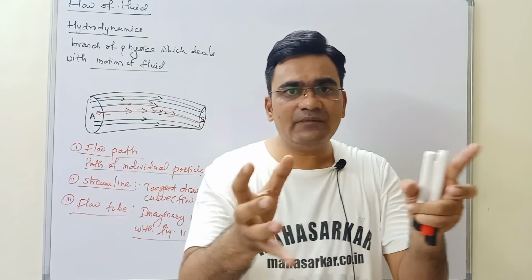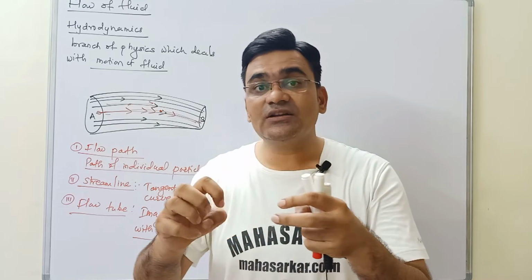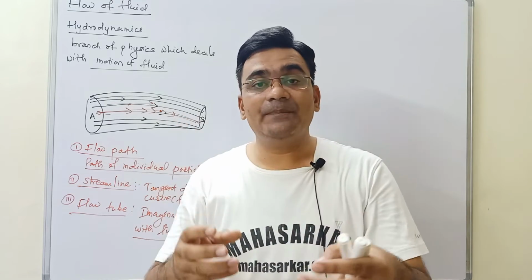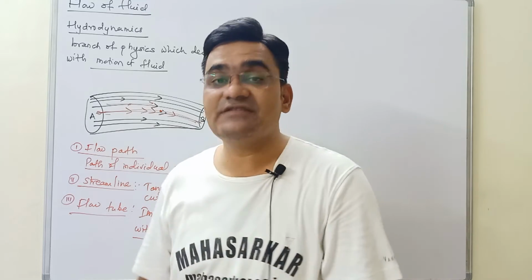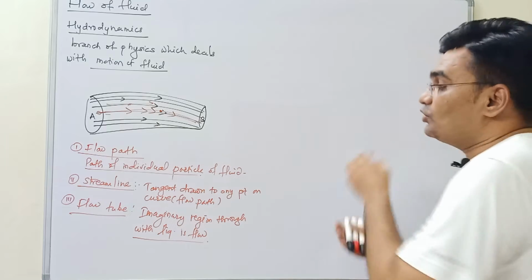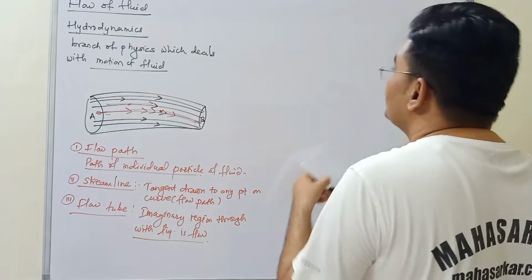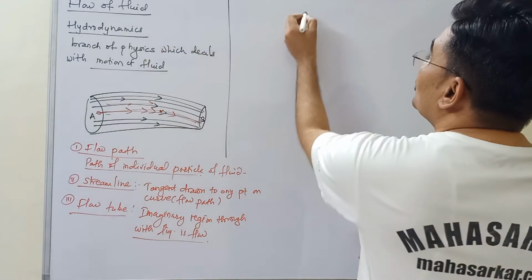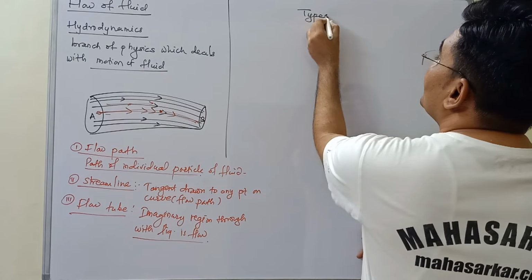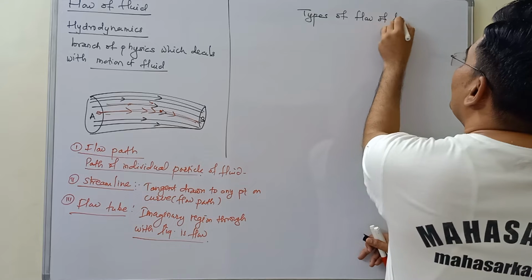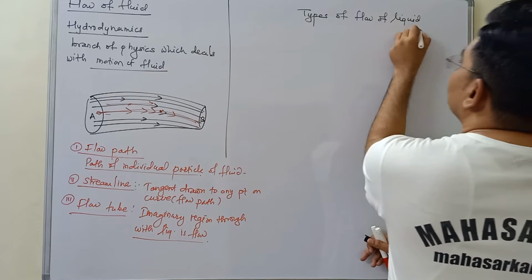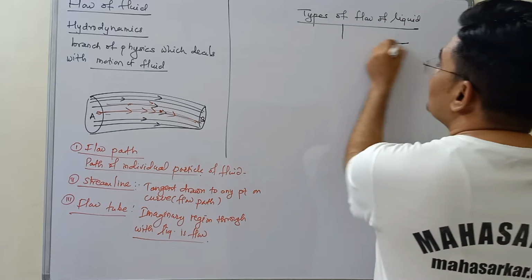It is flowing with certain fixed parameters, but as soon as it comes out through the open end of the pipe, it doesn't follow all those parameters. Some parameters of that flow are changed. On that basis, there are two types of flows. Types of flow of fluid. Here I will call it only liquid.